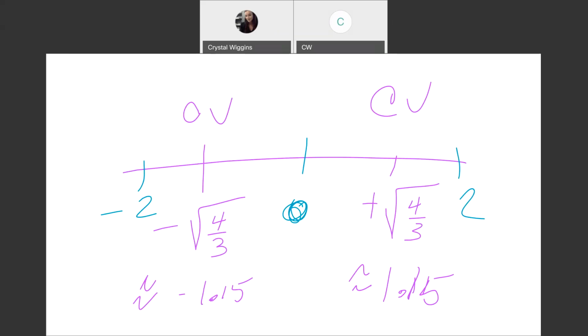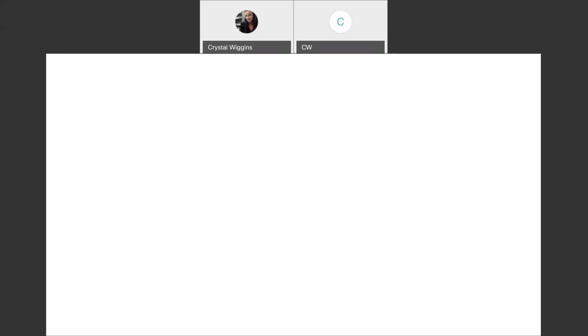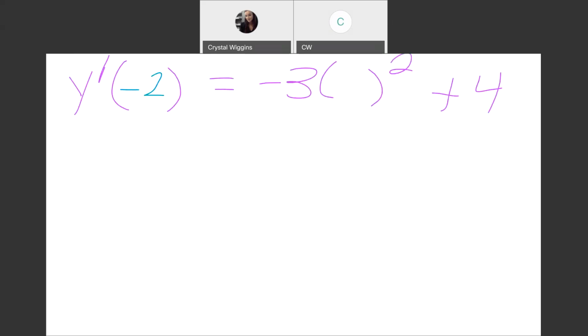Okay, so next steps now that we have our test points is to use the test points to determine whether we are increasing or decreasing on the original function using our derivative. So our derivative that we found was negative 3x squared plus 4. Let's put in our first test point, -2.